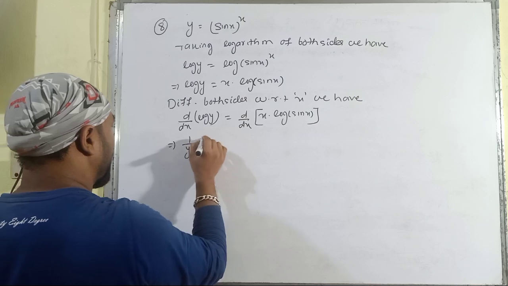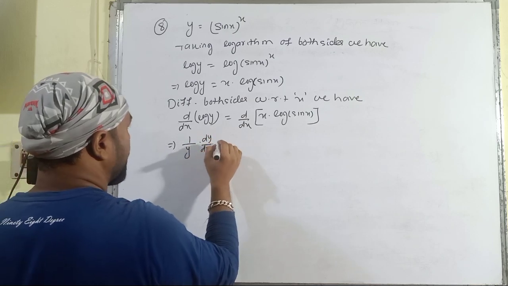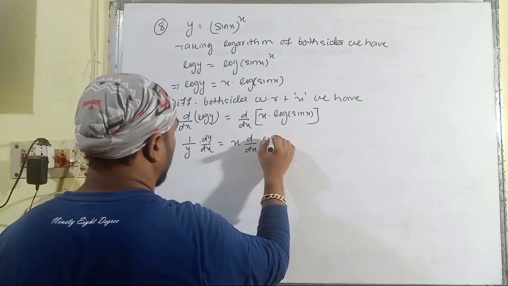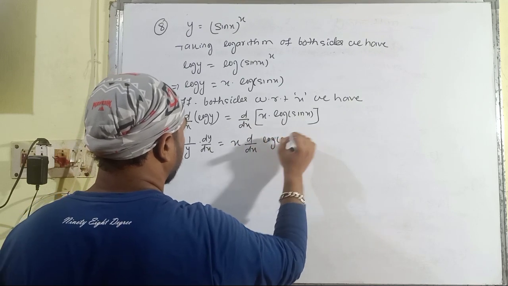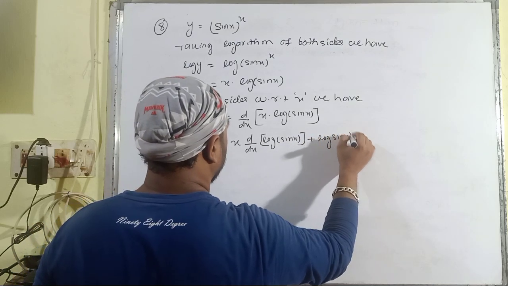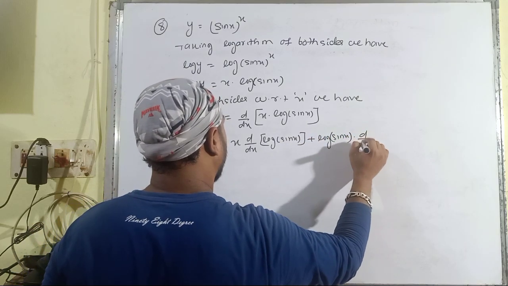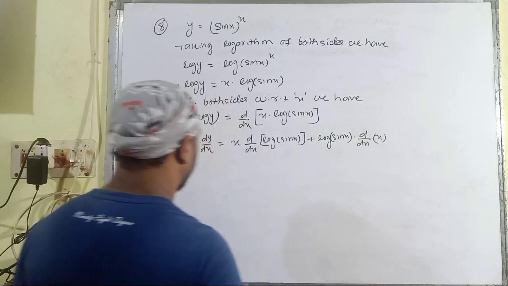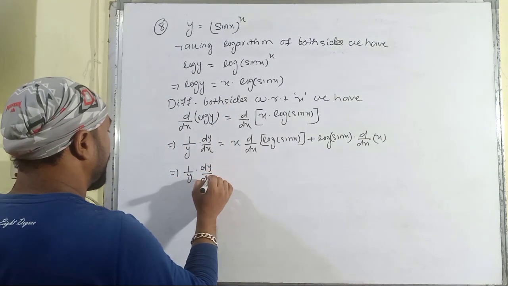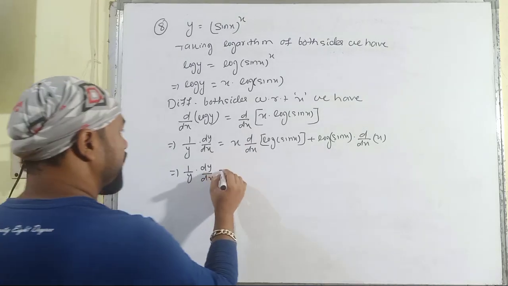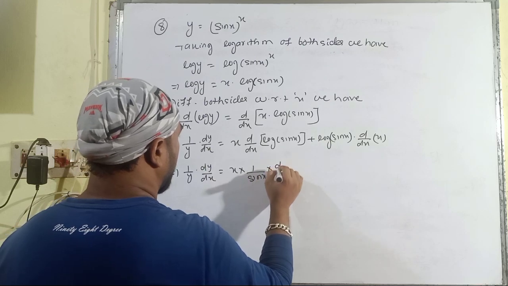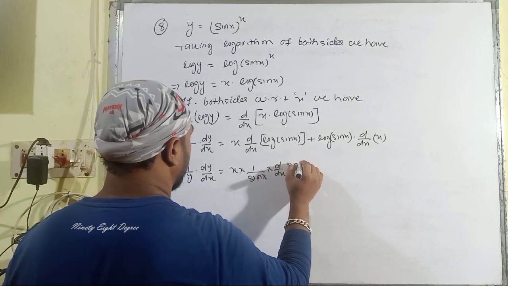Then it is 1 upon y dy upon dx is equal to x multiplied with the differentiation of log sin x plus log sin x multiplied with the differentiation of x. 1 upon y differentiation of y with respect to x, it is x multiplied with 1 upon sin x multiplied with again differentiation of sin x.